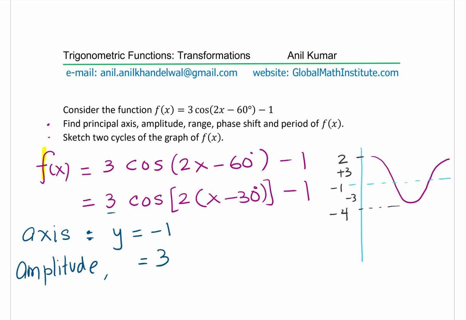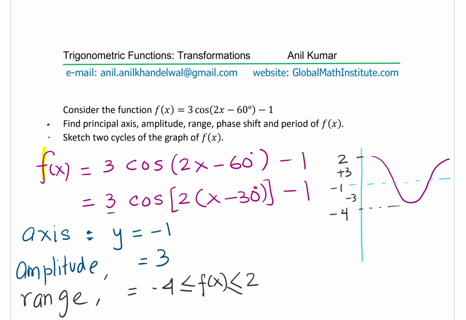And therefore, we can now write down the range. So range will be from minus 4, that is the value of f of x, to 2. So basically range you get by adding and subtracting the amplitude from the axis.